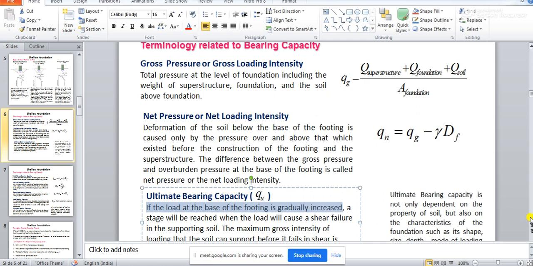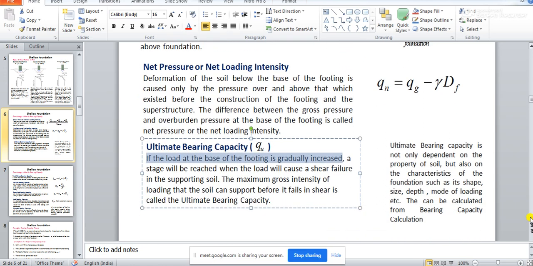There will be a particular time when the load will cause a shear failure in the supporting soil. I have repeated this multiple times in the previous lecture, that the load will cause a shear failure.